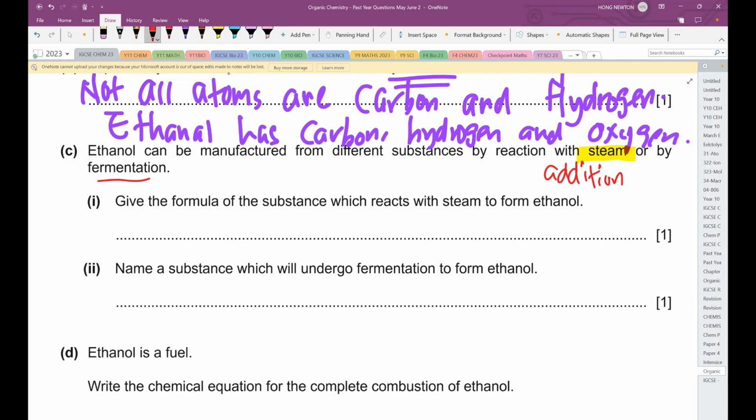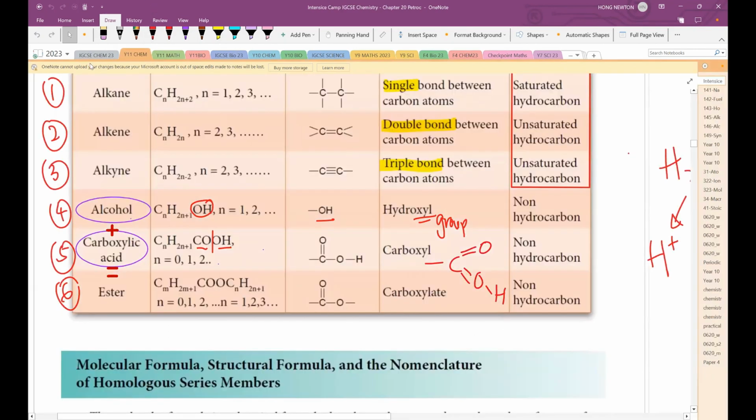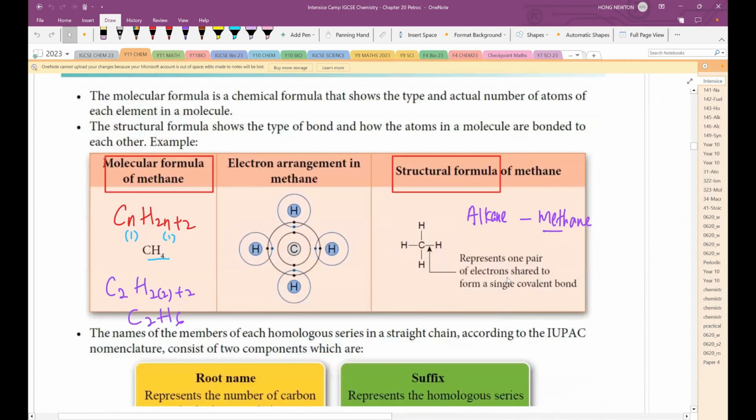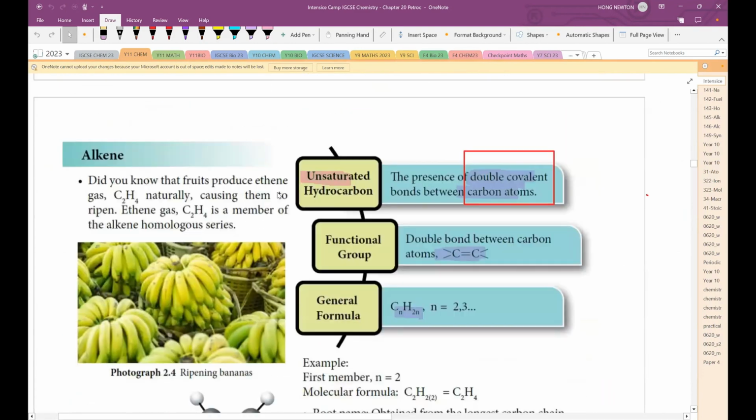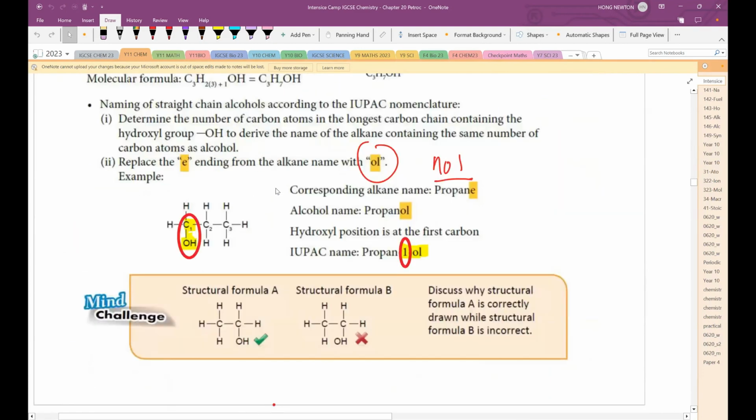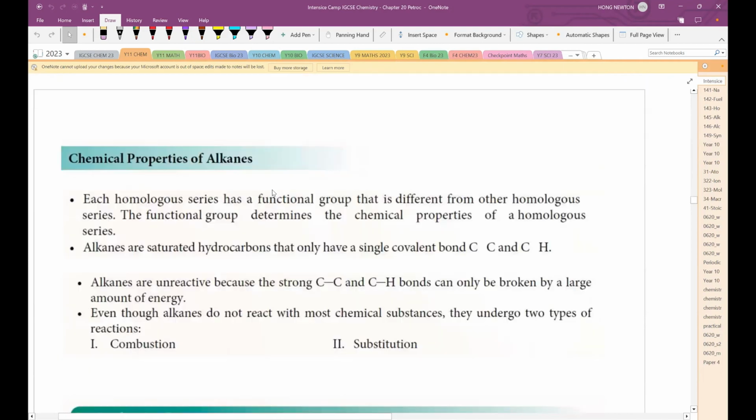Give the formula of the substance that reacts with steam to form alcohol. What are we using plus steam to form alcohol? Still remember? Addition. Okay, so look at the note that we discussed previously.